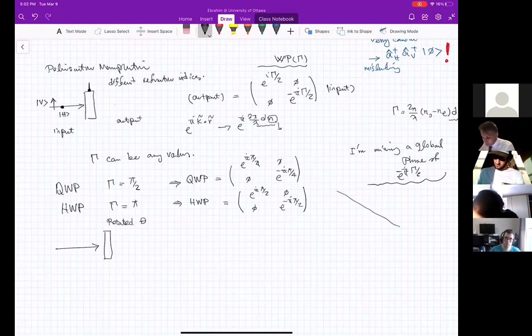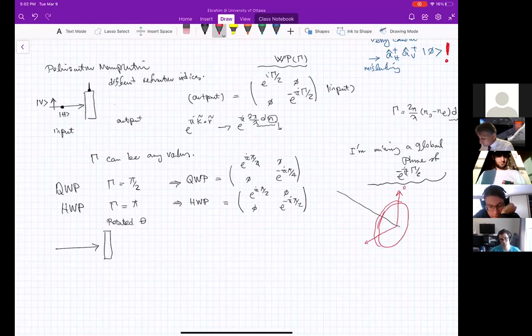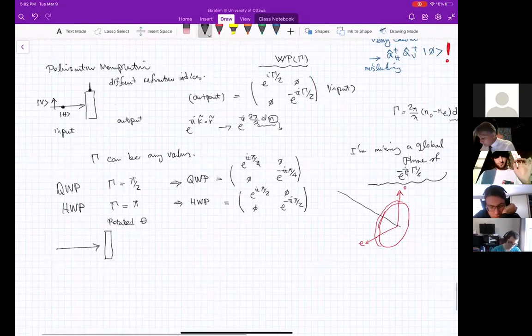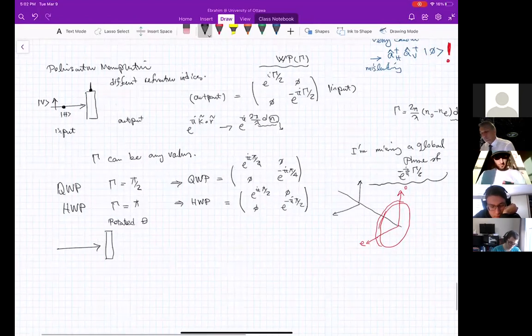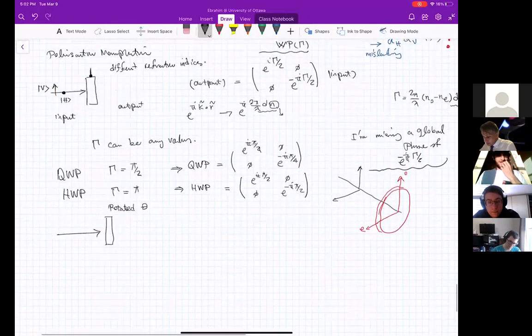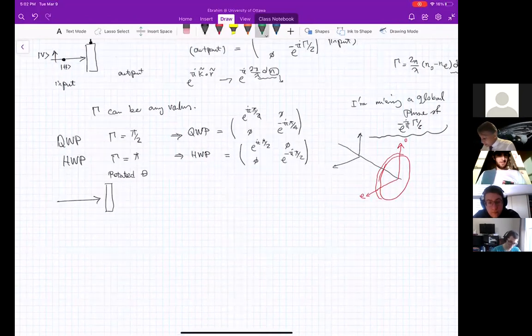I have a wave plate, this is the axis of the wave plate, this is ordinary and extraordinary, and the polarization of light, as we discussed, is H and V. And now in the next case, I'm rotating the axis by theta.